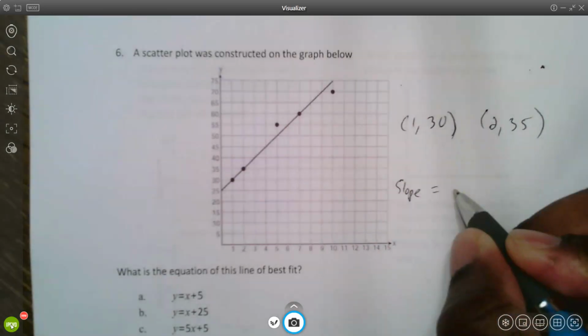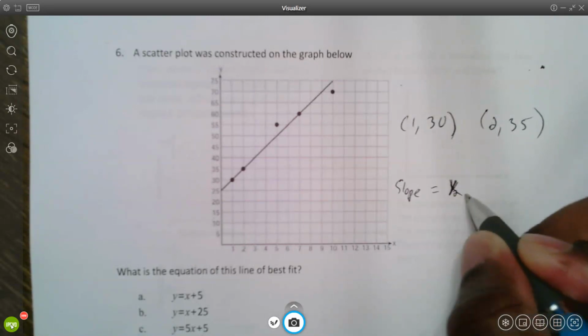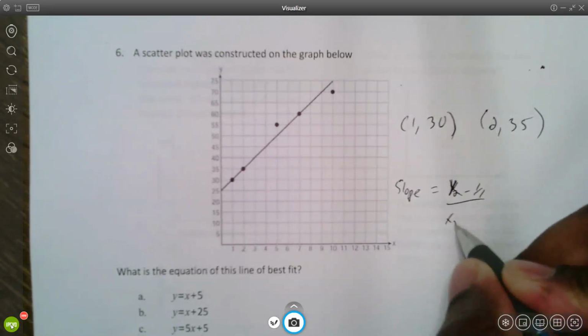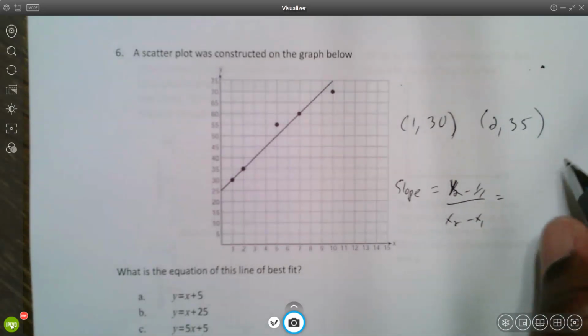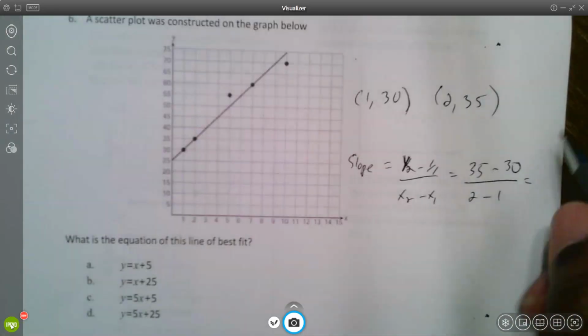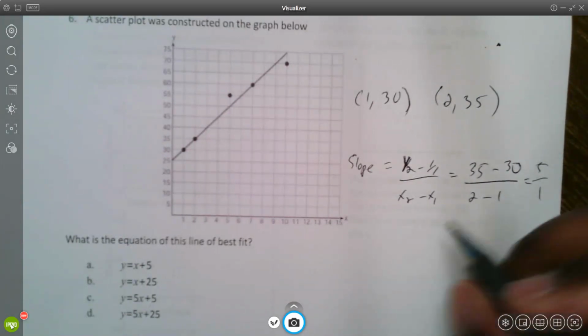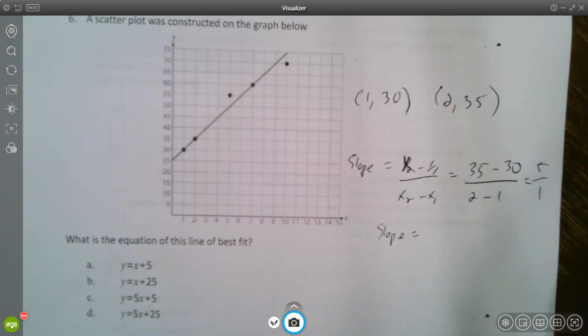As you remember, the slope is y2 take away y1 over x2 take away x1, so the change in y over the change in x. It gives you 35 take away 30 over 2 take away 1, and that's 5 over 1. So that slope is 5.